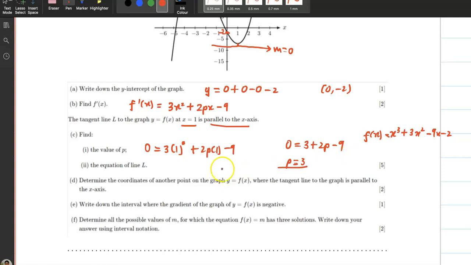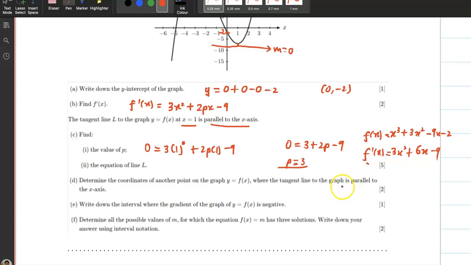Correct? Now they are saying, find the equation of L. So what is the equation of L? So what is the derivative? Here we have the derivative. That's your 3x squared plus 6x minus 9.